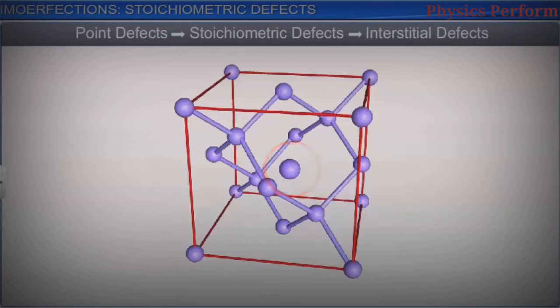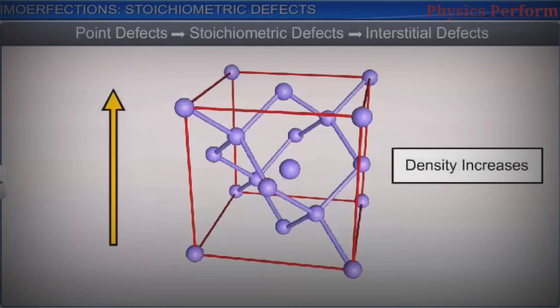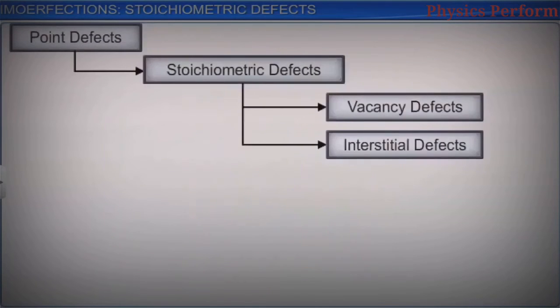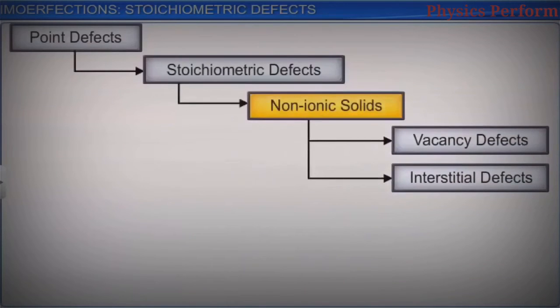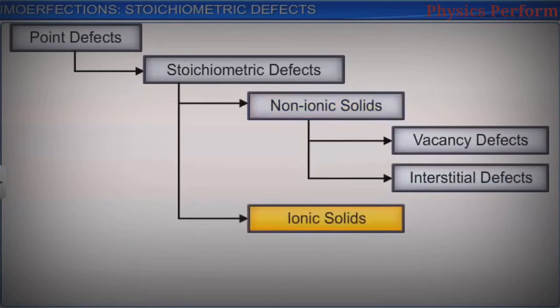As a result of this defect, the density of the substance increases. This holds good only for non-ionic solids. Ionic solids must always maintain electrical neutrality. Rather than a simple vacancy or interstitial defects, ionic solids show Frenkel and Schottky defects.